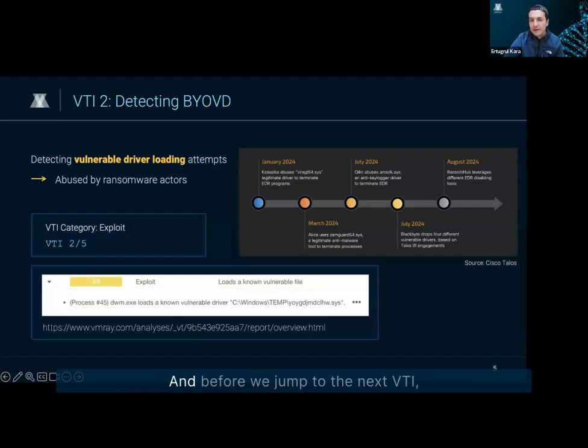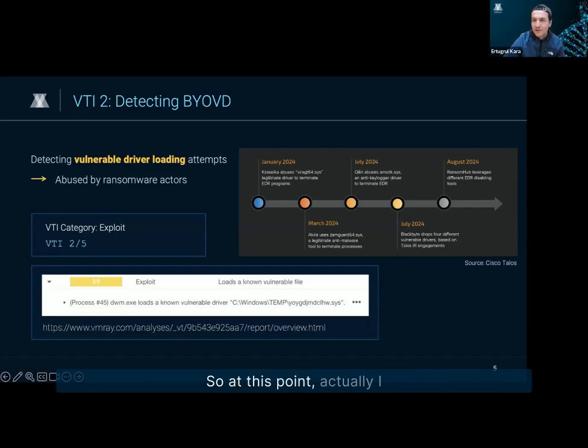And before we jump to the next VTI, maybe it's worth mentioning that Microsoft has been doing something to tackle these attacks. They introduced a block list of known vulnerable drivers, which was originally part of Windows Defender Application Control and later moved into Windows Security in newer versions.